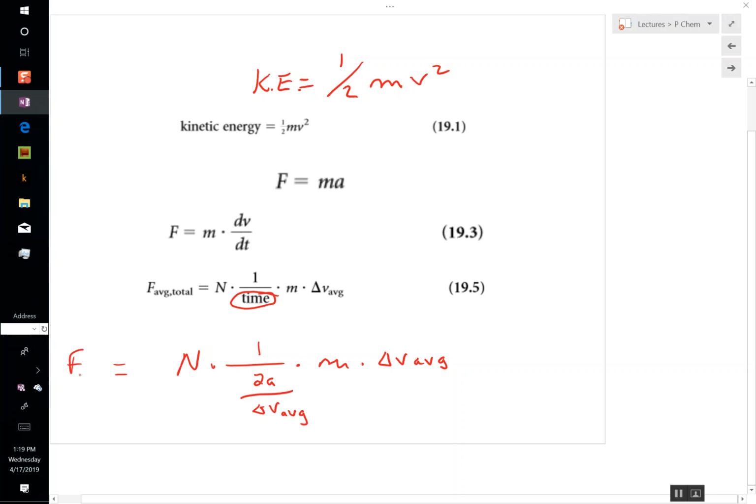This is our total average force, okay? All I'm doing is going to the next slide, taking the expression for time and plugging it in right there. And so you invert that and you get delta V average squared divided by 2a.